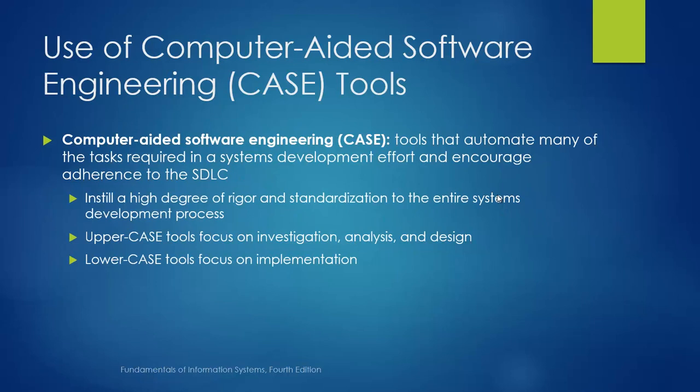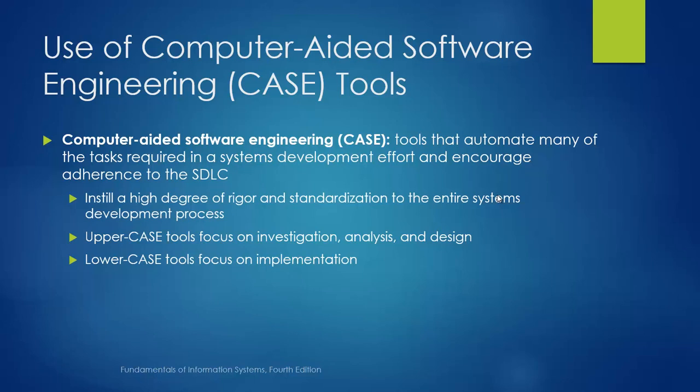Computer-aided software engineering, or CASE, is a tool that automates many of the tasks required in system development effort and encourages adherence to the system development life cycle. With that being said, it's a tool that can be used with other methodologies.